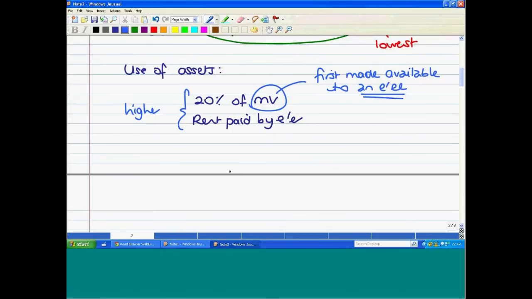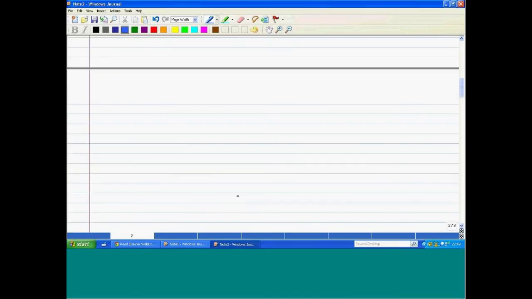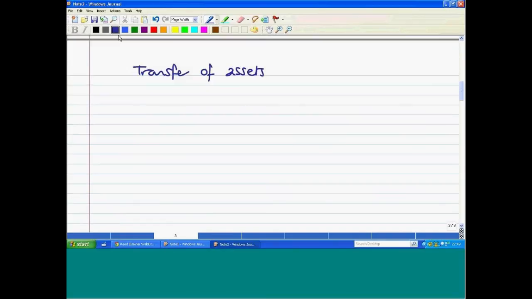Now that leads us nicely on to the transfer of assets, because if you, for example, have been using that asset and then your employer says to you, well, you can have it, you can keep hold of it, we're then going to be comparing two different values.